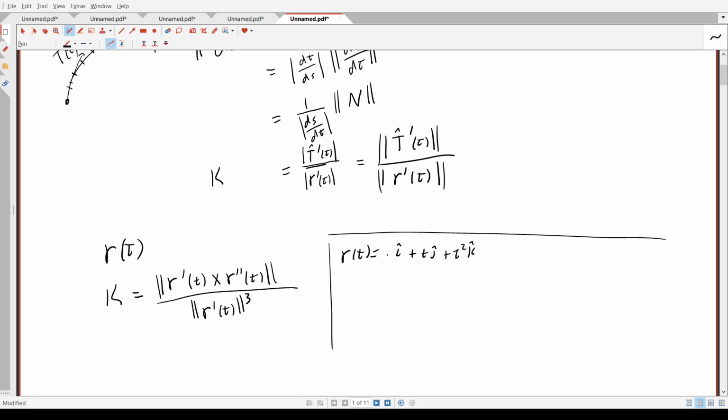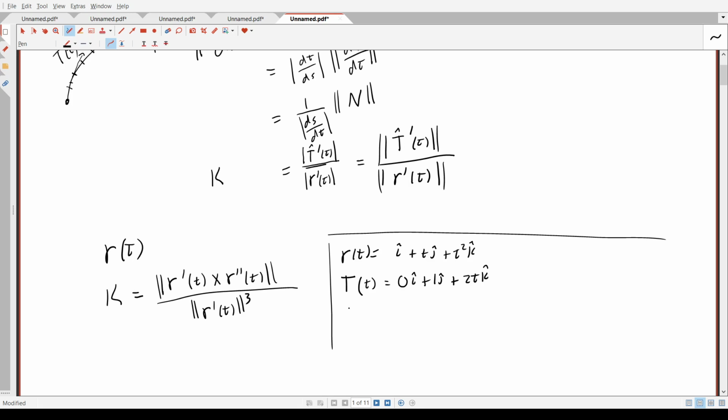All right, so I'll do it using both of these. So first I'll do this one. So the tangent vector is going to be 0 plus 1 plus 2t.